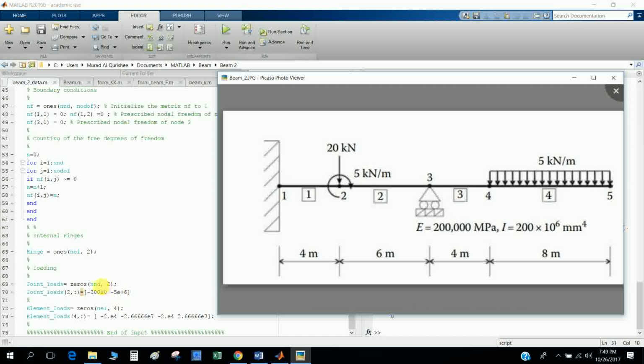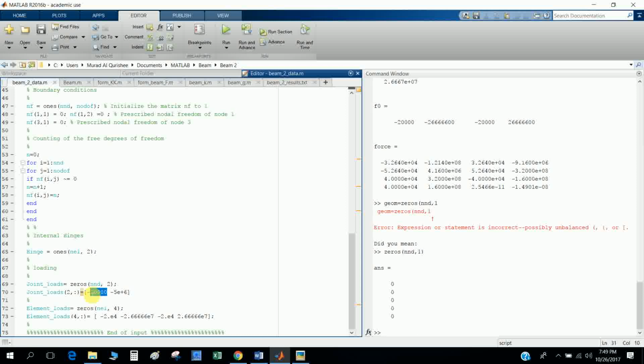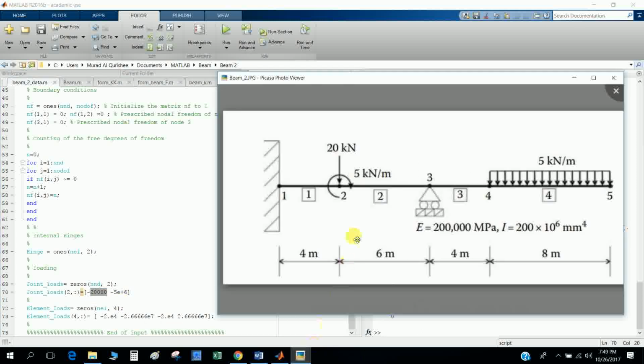And for node number 1, on the x I define the vertical load, and on the y I define the moment here. And when we go to node number 4, there is also a vertical uniformly distributed load, and I define the uniformly distributed load this way.